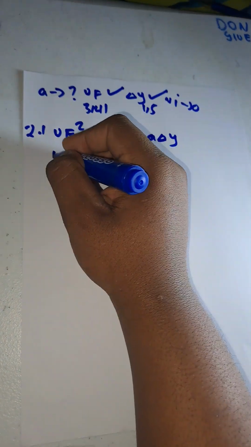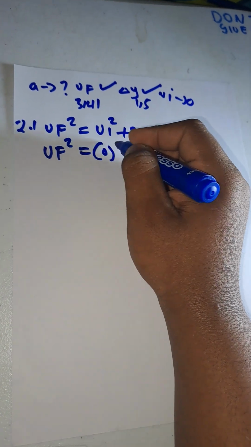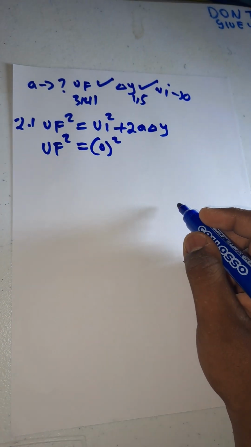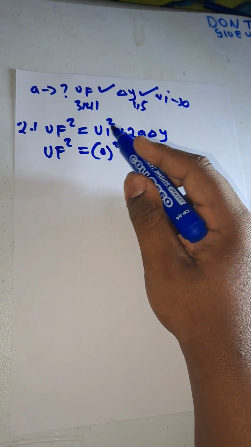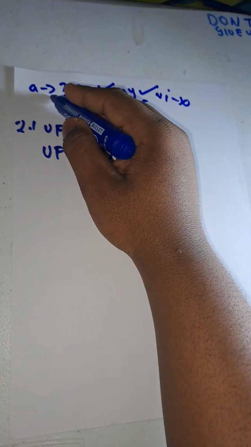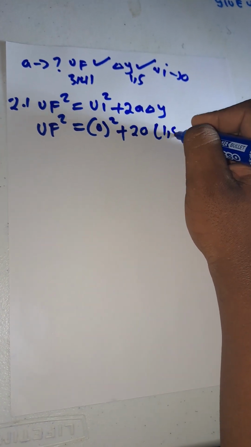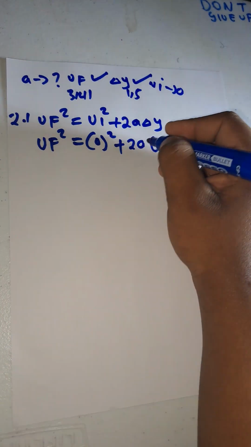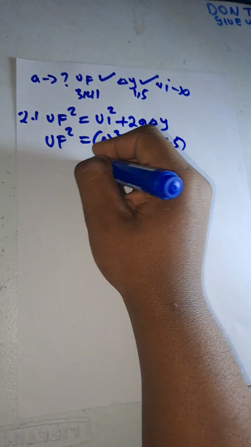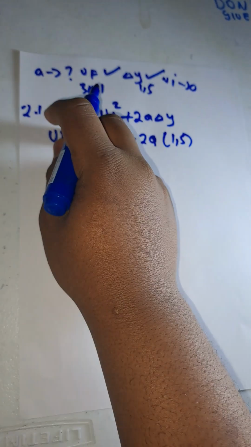They want the final velocity, so it stays like that. My initial velocity was 0 squared, because it was initially held, plus 2a, where a is the one they want, and my delta y is 1.5. So 2 times 1.5 is 3, times a.